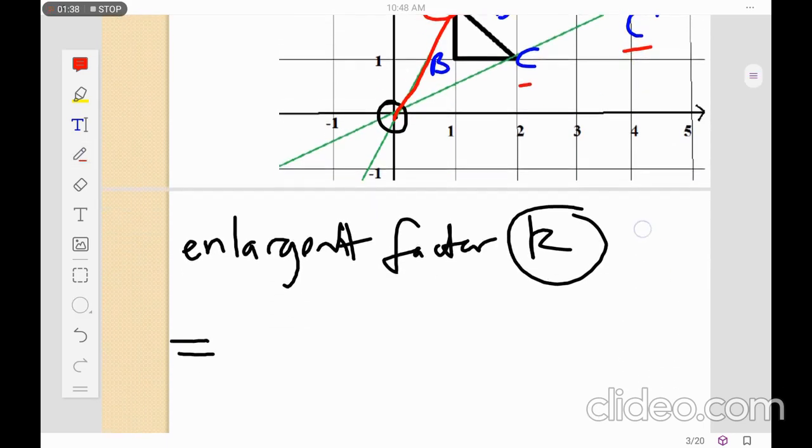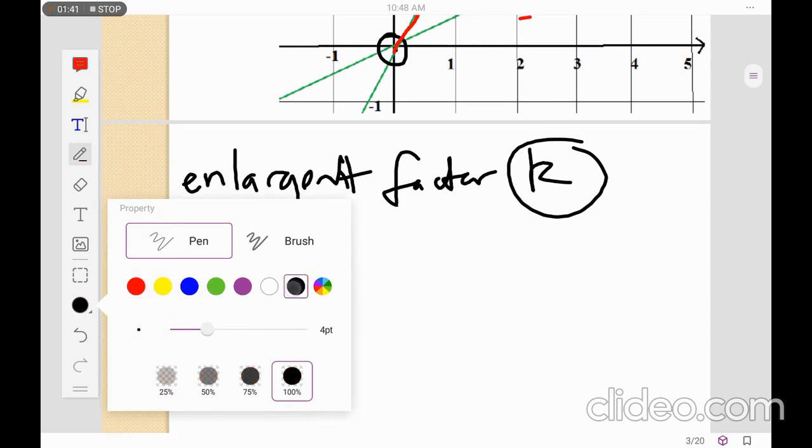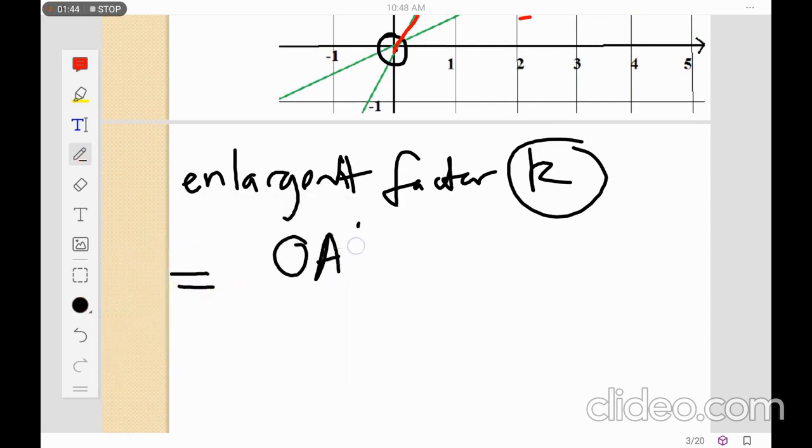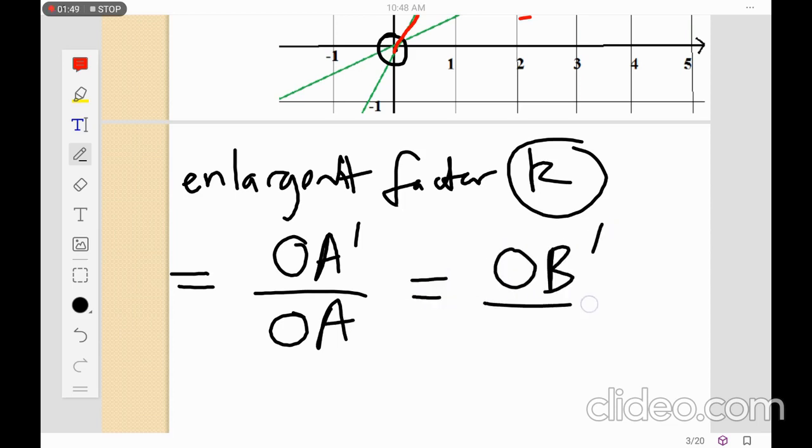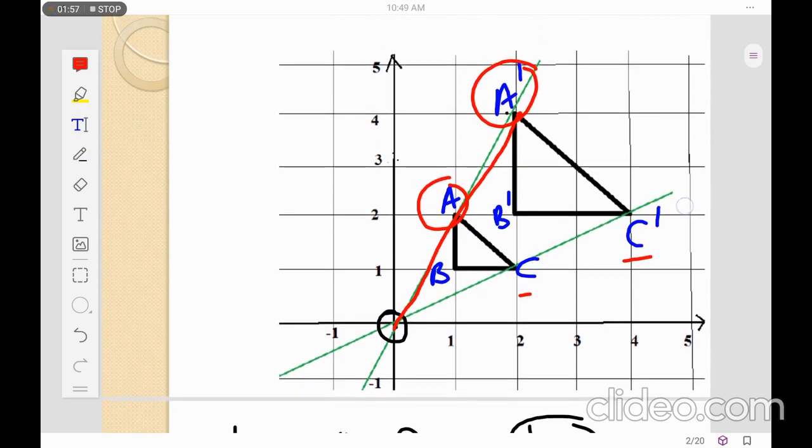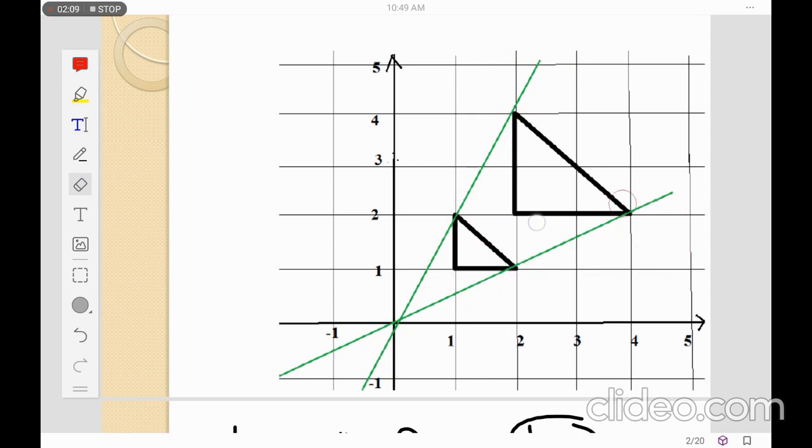Okay, so let's do that. My formula is equal to OA image over OA, or else OB image over OB. And if you notice, from the small triangle AB there, the image has got the same geometry as the initial shape that we had.